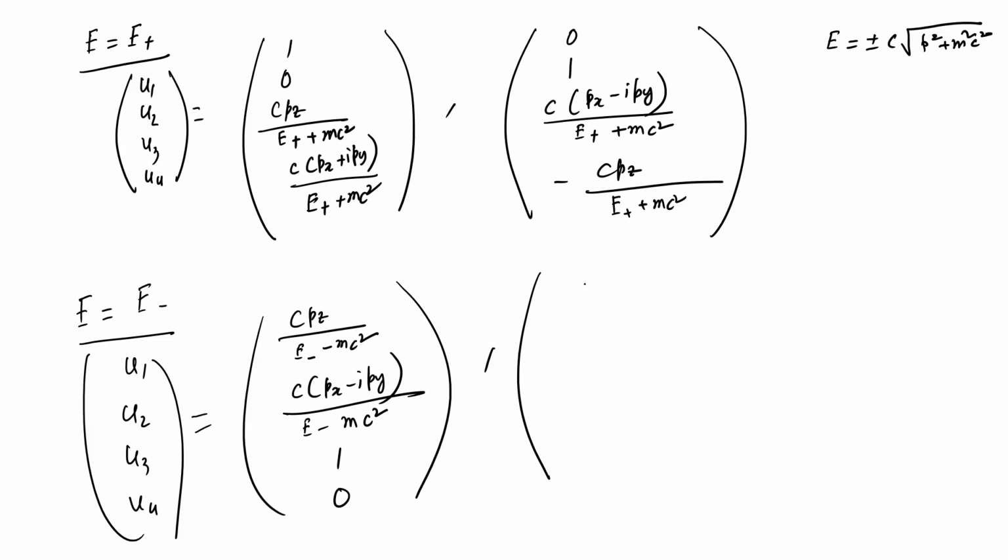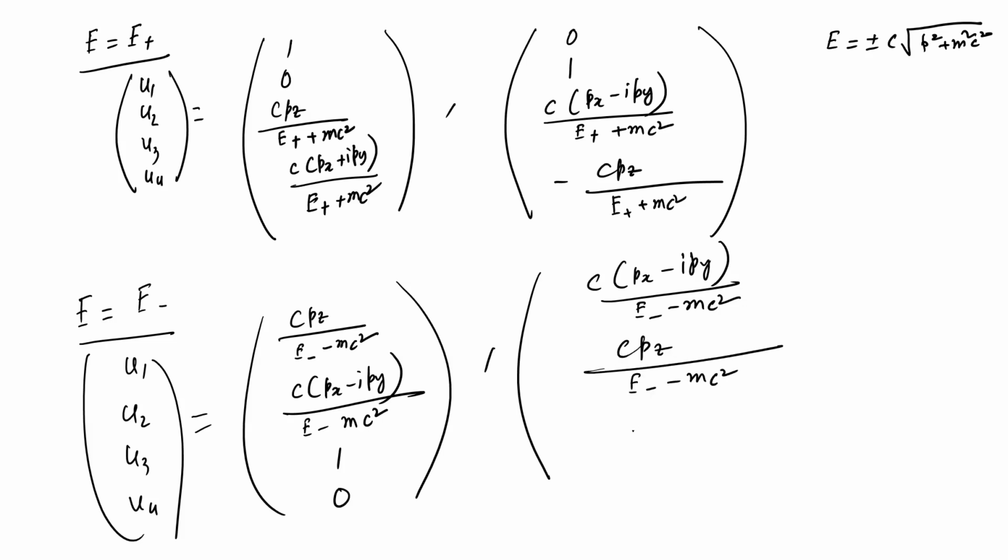The other solution is c (p_x minus i p_y) divided by (E minus m c square), minus c p_z divided by (E minus m c square), and 0 and 1. This corresponds to E minus and that corresponds to E plus. So these are the two linearly independent solutions.